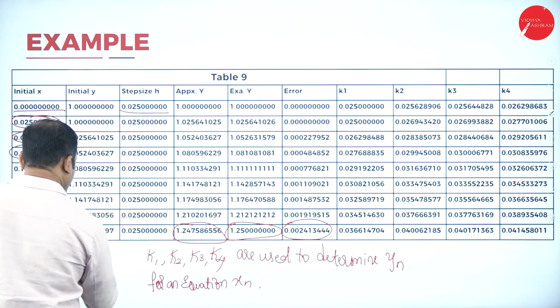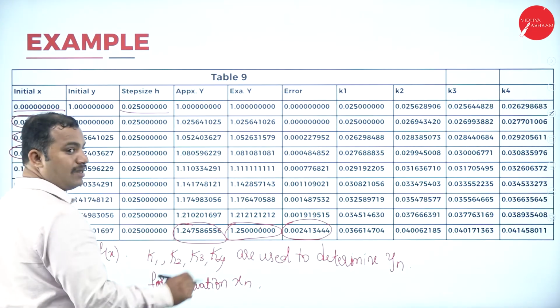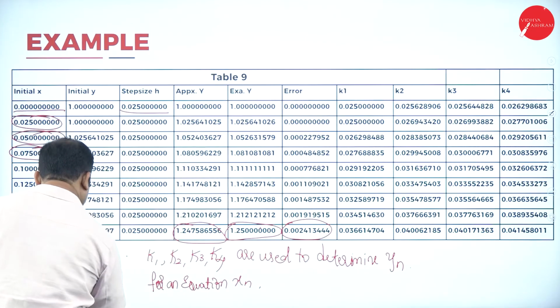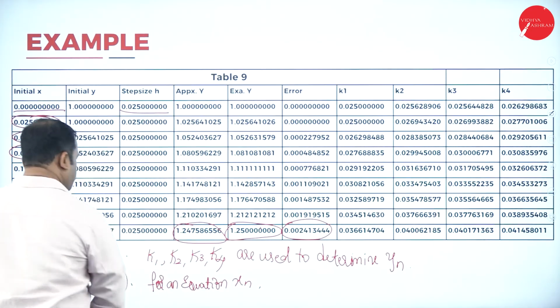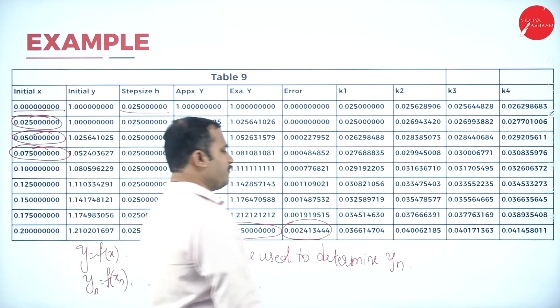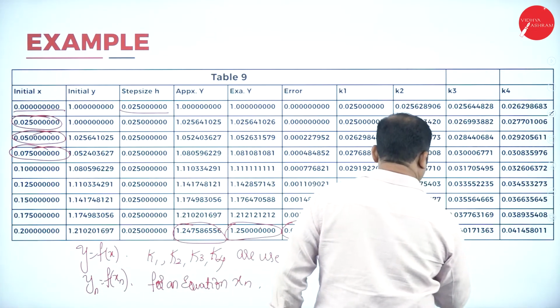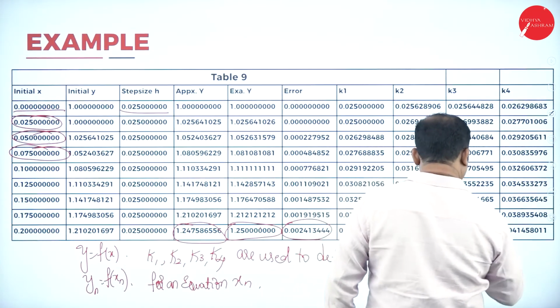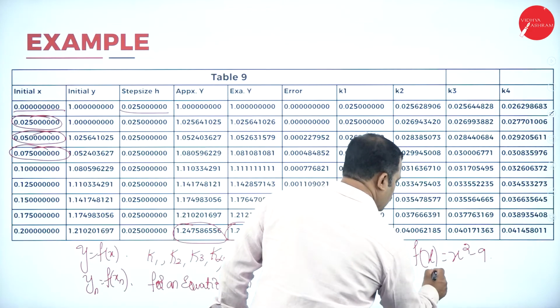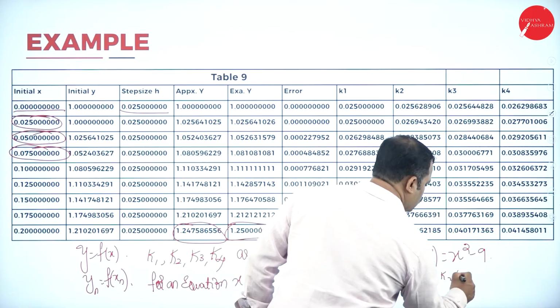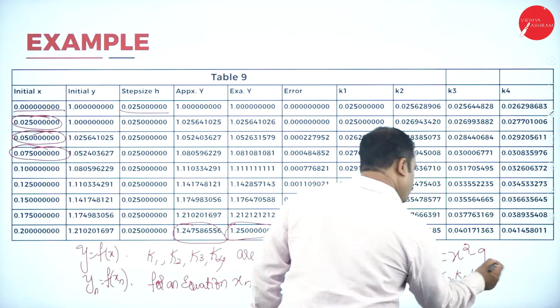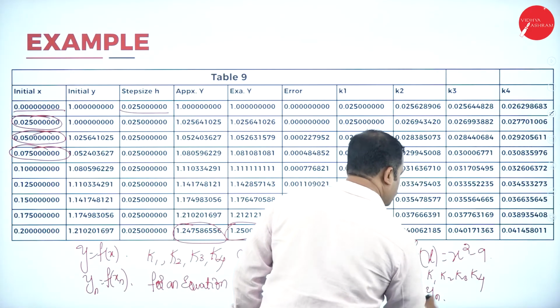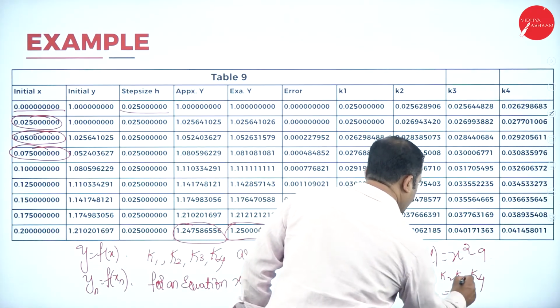If that is the case, y is equal to f of x. So yn is equal to f of xn. This determines the value of this. Suppose f of x is equal to x square minus 9, then we have to find out the value of k1, k2, k3, k4 for this to find out the value of yn. So this is how we are going to calculate.